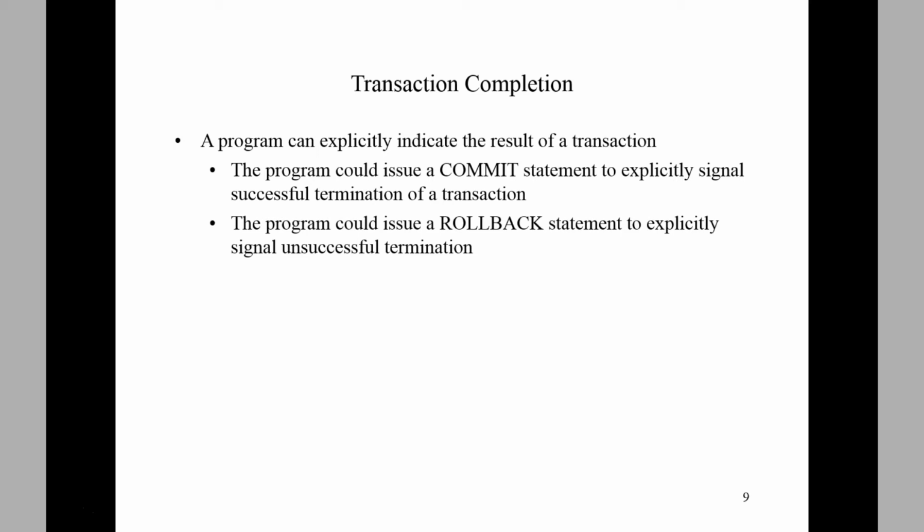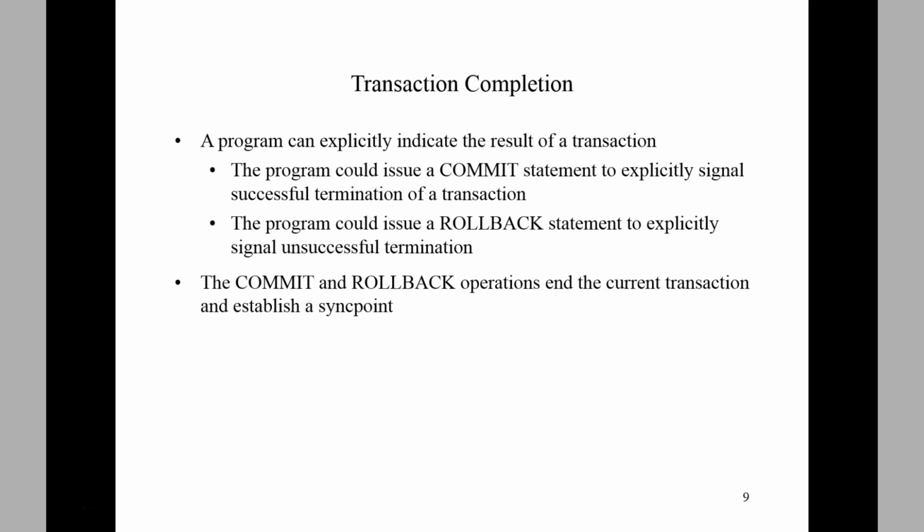Alternatively, the program could detect some kind of a problem, such as a violation of a business rule, and abort the transaction. In this case, the program could issue an SQL rollback statement, and this would explicitly roll back or abort the transaction.